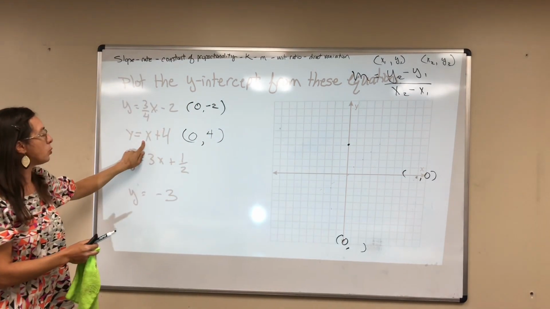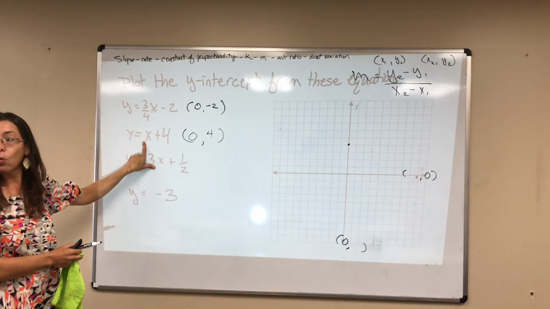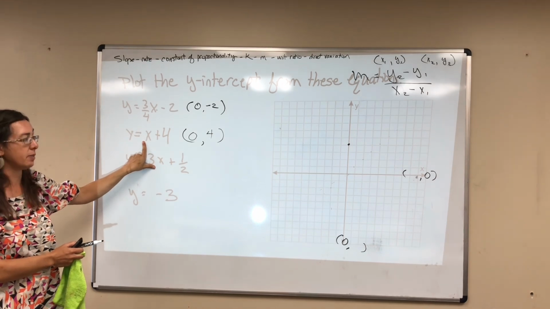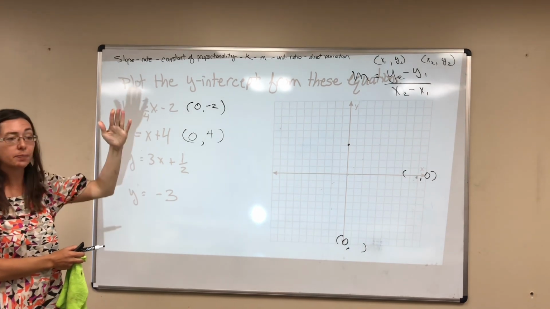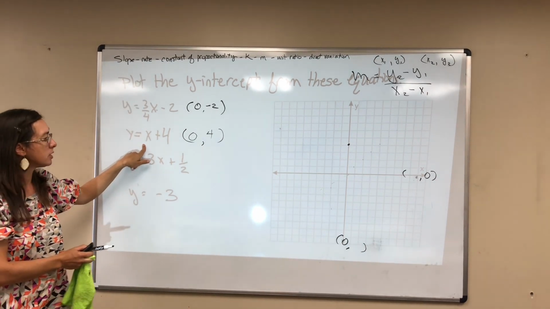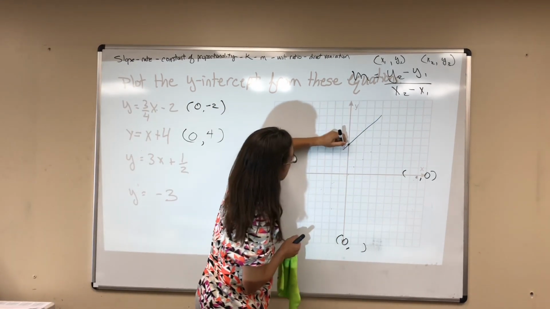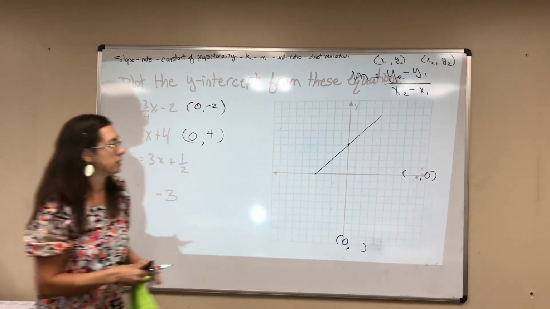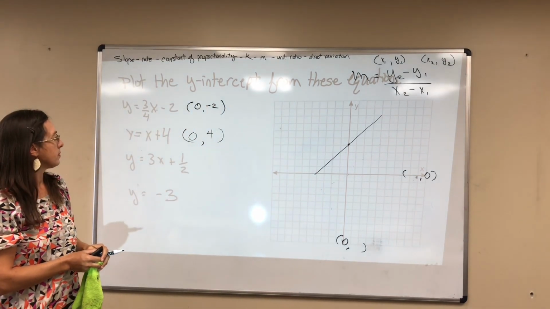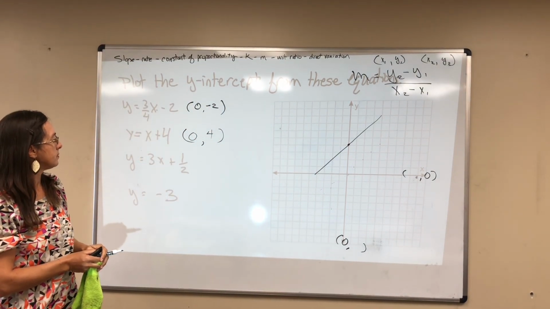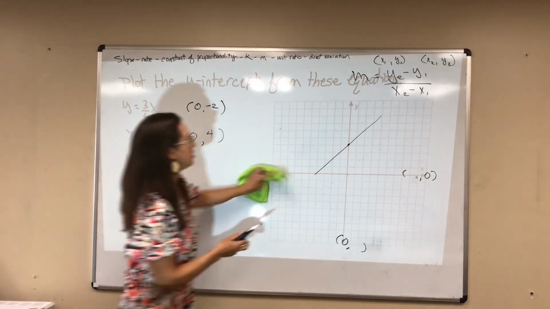My slope is 1, so it's at the same angle as the parent function, just shifted up. Okay, let's do the other one.